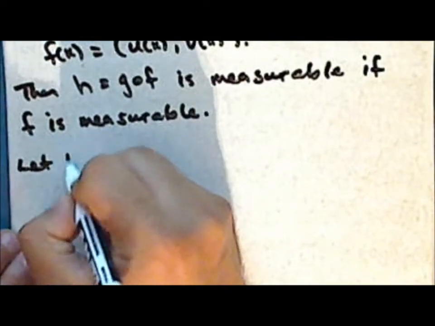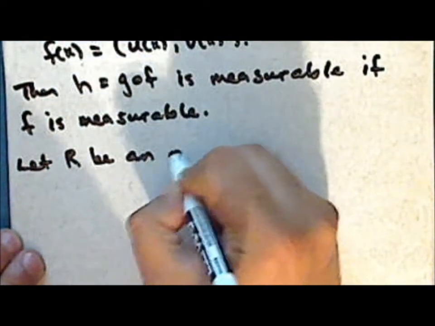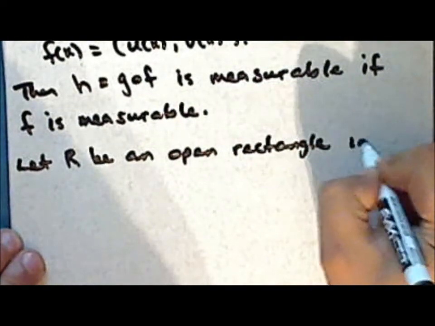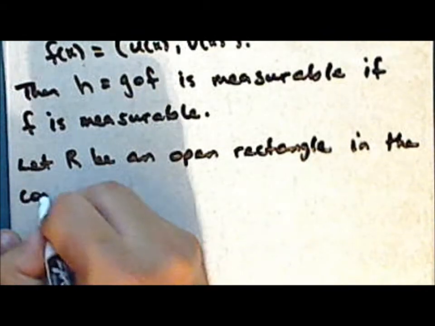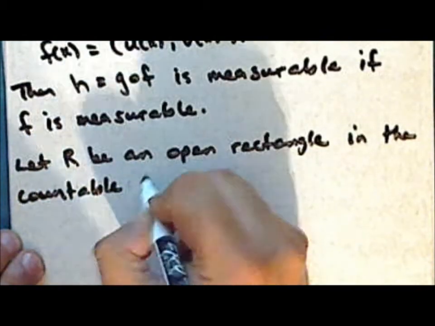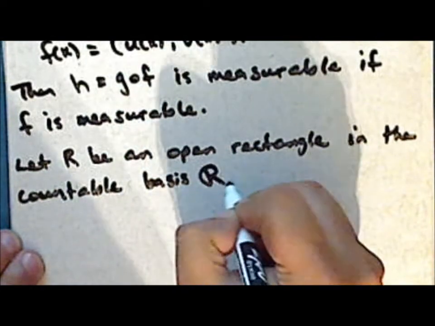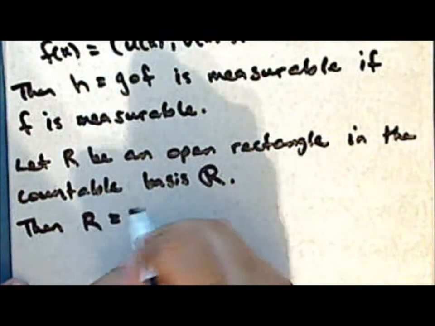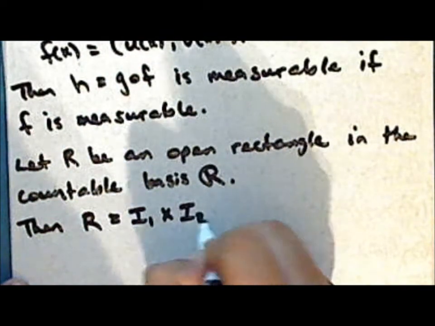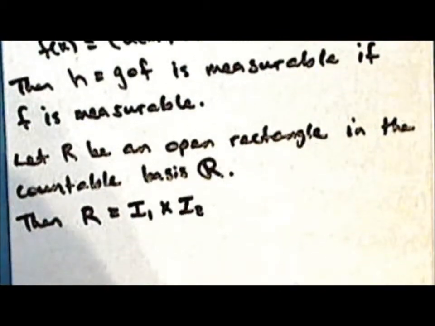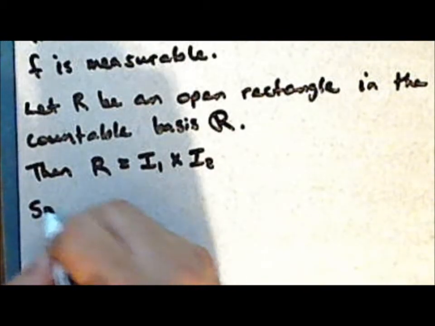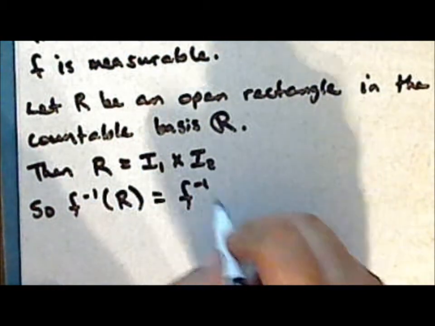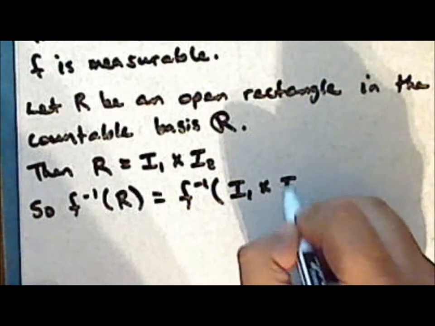So let R be an open rectangle in the countable basis script R. Then the rectangle R is the product of two open intervals in the real line. So the inverse image under the map F of the rectangle R is the inverse image under the map F of the product of two open intervals in the real line.